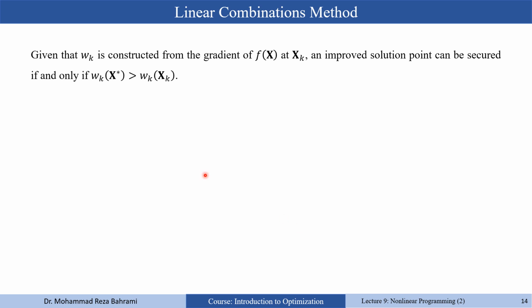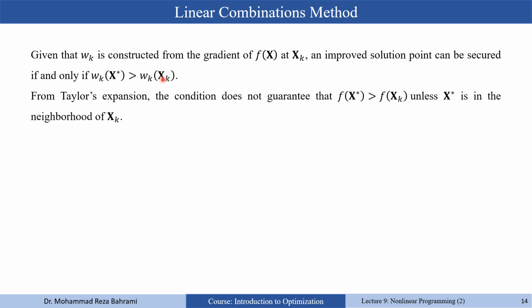Given WK, which is constructed from the gradient at that point, an improved solution point can be secured if and only if WK at the optimal point is bigger than at xk, right? So from the Taylor series, this condition does not guarantee that f at the optimal is bigger than f at that point, unless x optimal is in the neighborhood of xk, right?